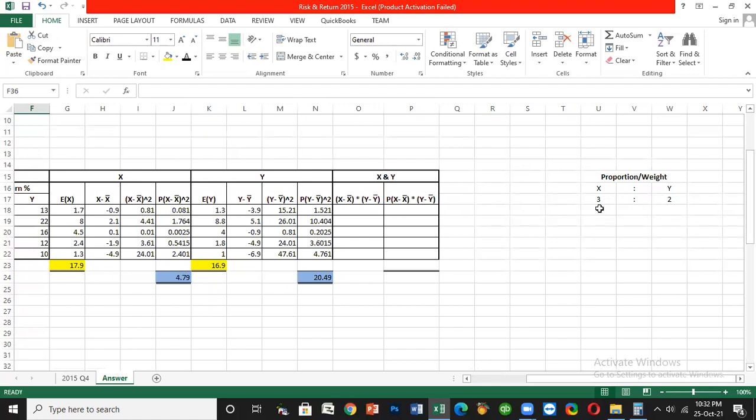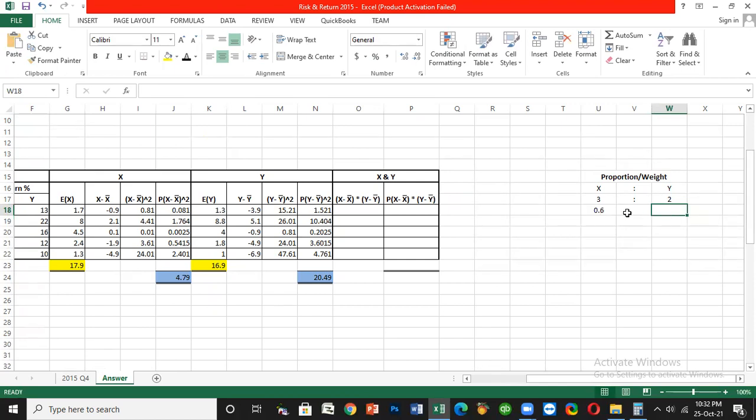So 3 plus 2 is 5. So weight is equal to 1 divided by 5, then multiplied by the proportion of X, 3. So X weight is 0.6.